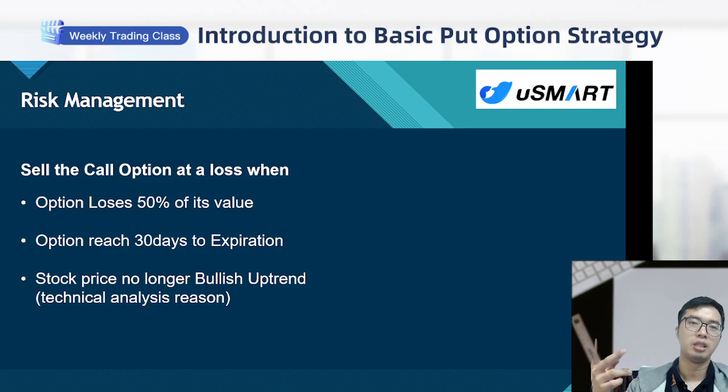Today you see the price is very good, very bullish, but maybe 2 days later there is bad news about this stock, or the technical or fundamental reasons change, and you identify that the stock is no longer in a bullish trend. Then you can consider getting out at a loss.